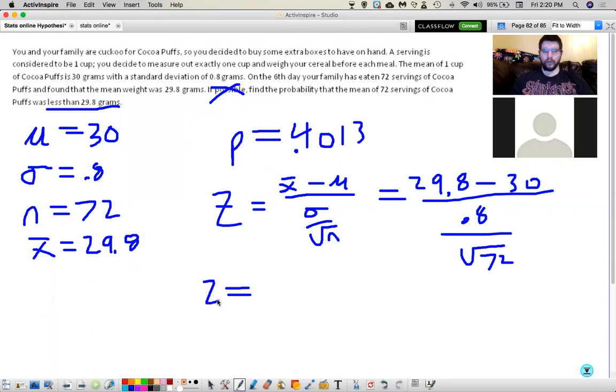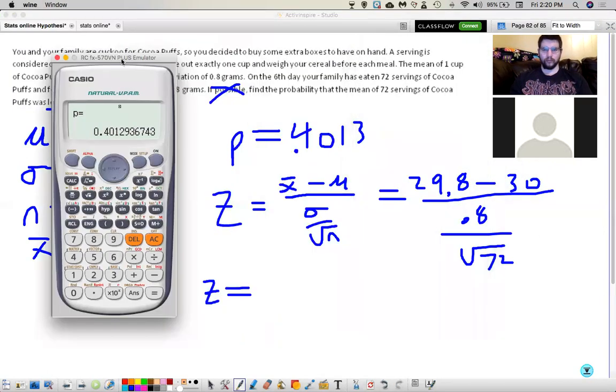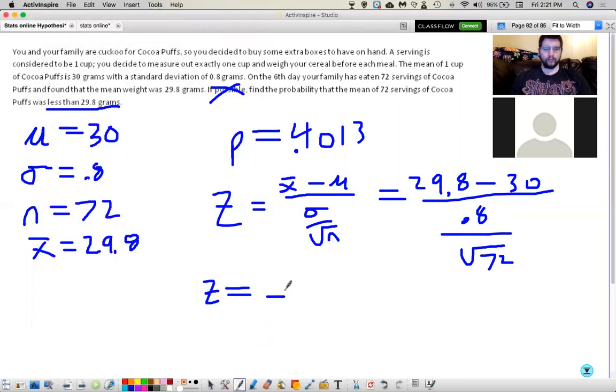And that z-score will be that, which is about negative 2.12. That's what we're going to look up on the chart, in the z distribution.